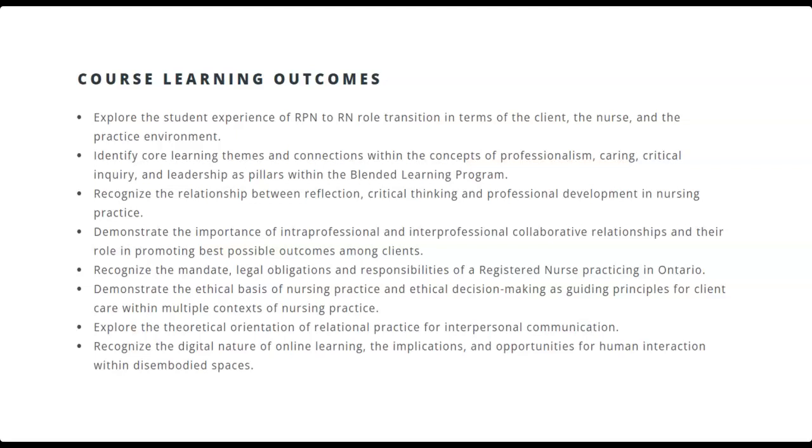Identify core learning themes connecting within the scope of professionalism, caring, critical inquiry, and leadership as a pillar within the blended learning program. Recognize the relationship between reflection, critical thinking, professional development, and nursing practice. Demonstrate the importance of interprofessional and intraprofessional collaborative relationships and their role in promoting the best possible outcomes among clients.